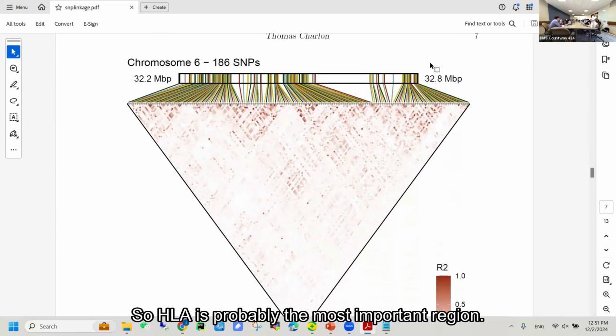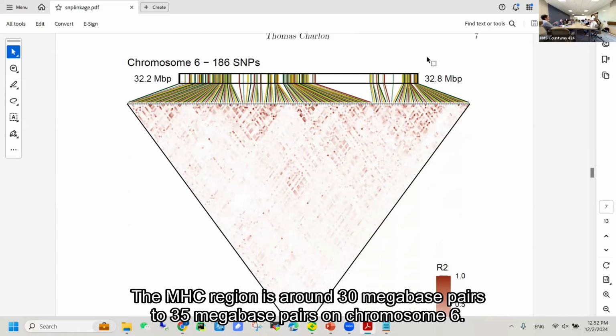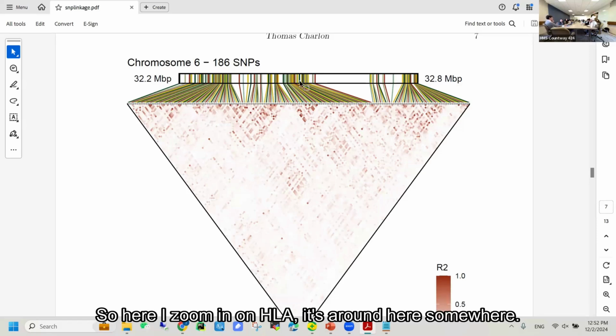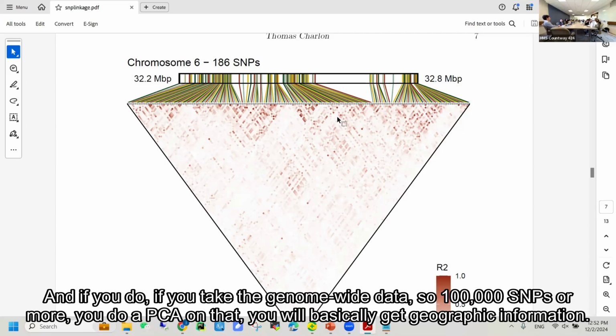So HLA is probably the most important region. It's 3 genes that are part of the MHC region. The MHC region is around 30 megabase pairs to 35 megabase pairs on chromosome 6. So here I zoom in, HLA is around here somewhere. We know that HLA is very strongly related with geographical information, ancestry, ethnicity.